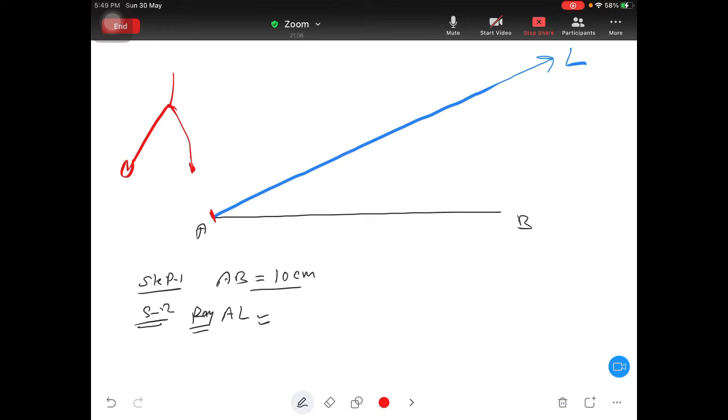Put your needle here and make equal distance, just cut 1 mark. Then again this portion you shift here and you put 1 extra mark, and then like this, and then like this, and then like this. 1, 2, 3, 4, 5 and 6. We got 6 segments.